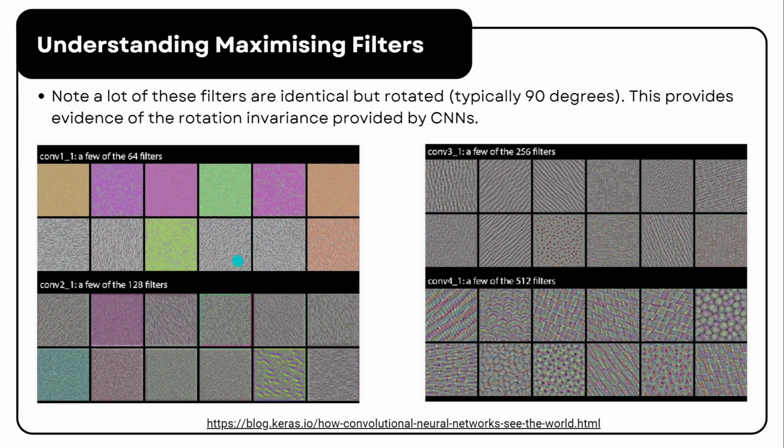This illustrates the rotation invariance property of convolutional neural networks, which helps them recognize features regardless of orientation.